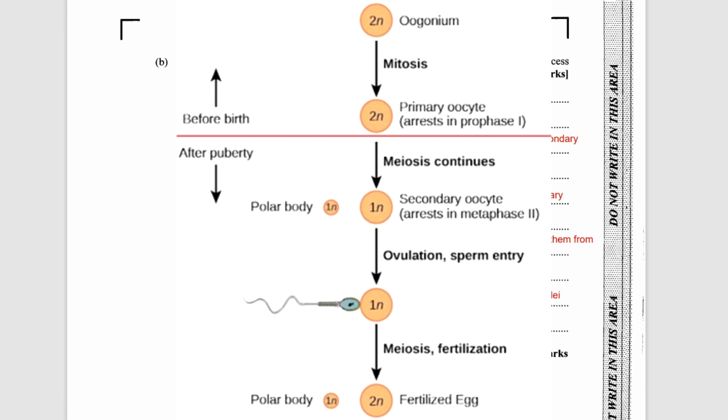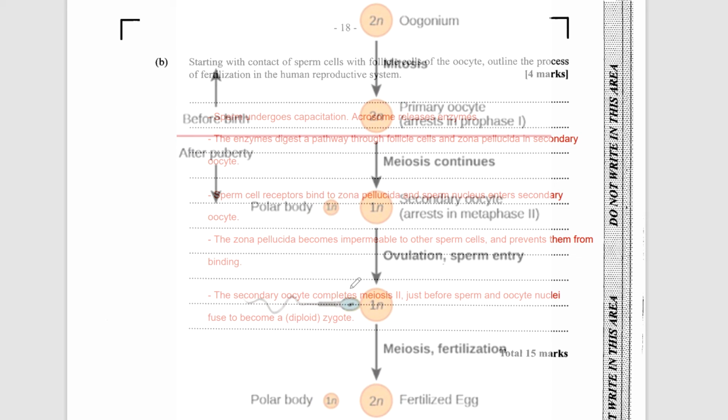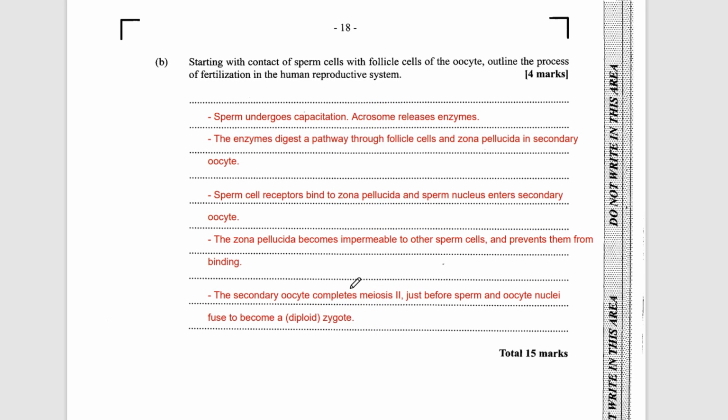And when that happens, it basically divides and takes out 23 chromosomes into a polar body. Again, there's a whole different story, right? I have other past papers with this, but it becomes an ovum at that point, and right after it becomes an ovum, the sperm and the oocyte nuclei fuse to become a zygote.